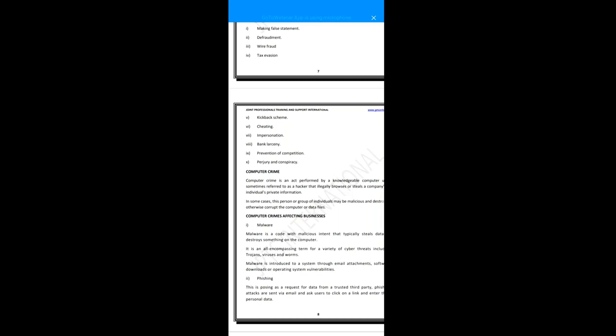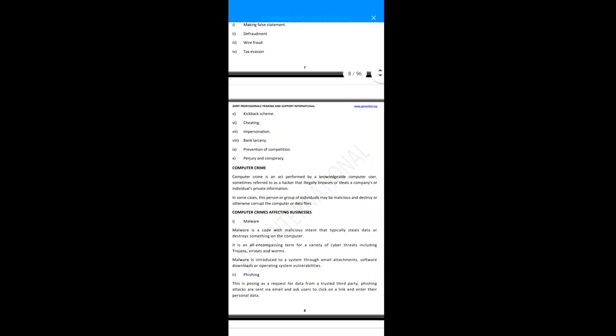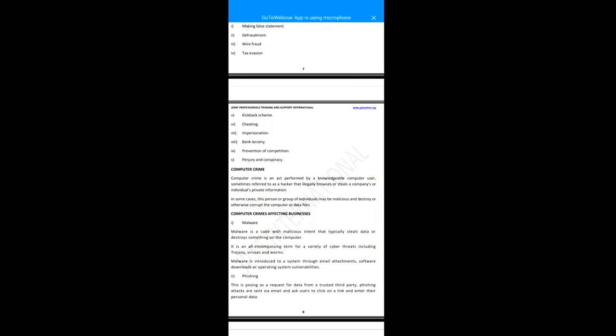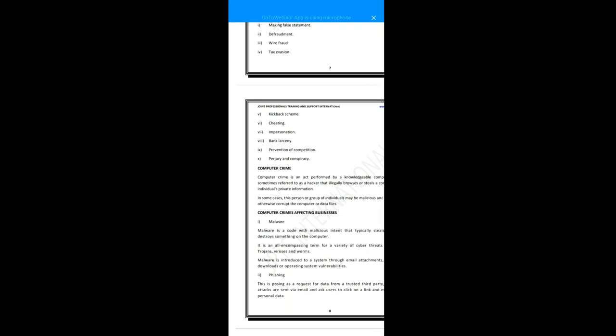A hacker can hack into your WhatsApp group, get all the data from your WhatsApp group chat, or defraud you. A hacker can hack into the Facebook account of an individual or a group and pass wrong information to your friends and family in order to get money from them.